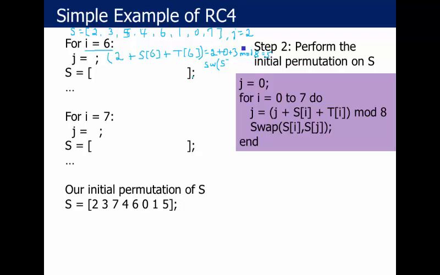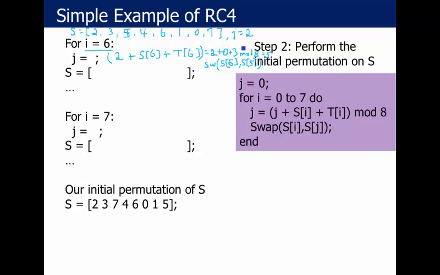Where are we? So S of 5, S of 6, swap, and S of J, which is 5. This is S of I and S of J. What is current I? Current I is 6. What is current J? Current J is 5.